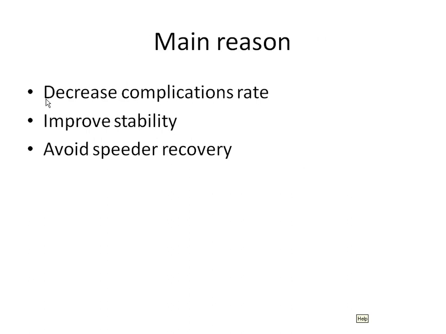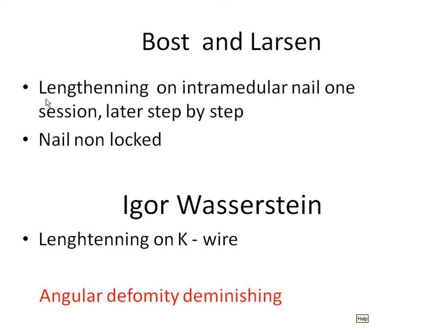So we combine these methods to bring improvement for our patients. We are not the first. Bost and Larsen used an intramedullary nail as we do, but they don't lock the nail.